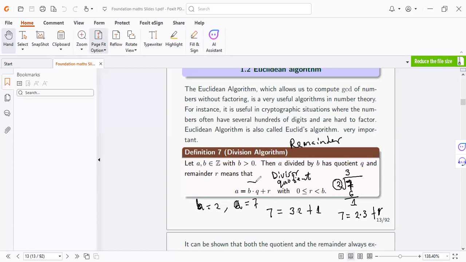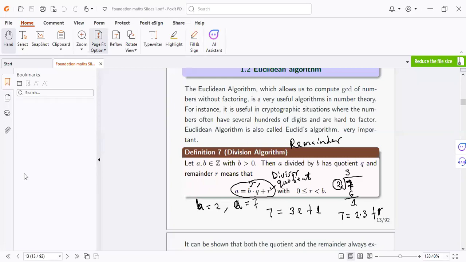This is what the division algorithm is all about: that we can write any number in terms of the divisor and the quotient, plus the remainder.